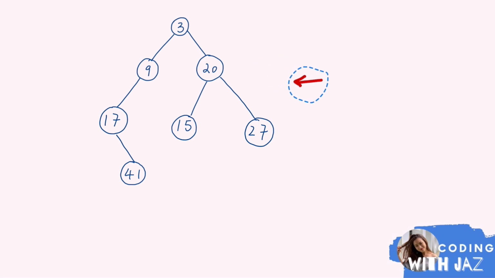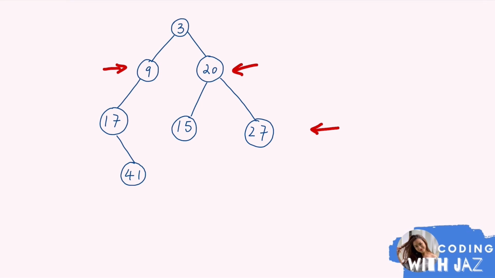But from that level down, things get a bit trickier because we'll be looking at the children nodes from multiple different nodes.